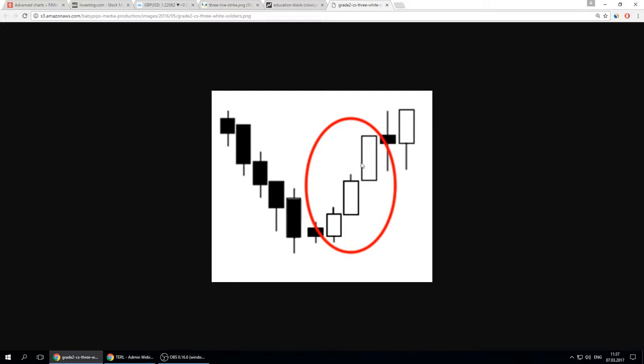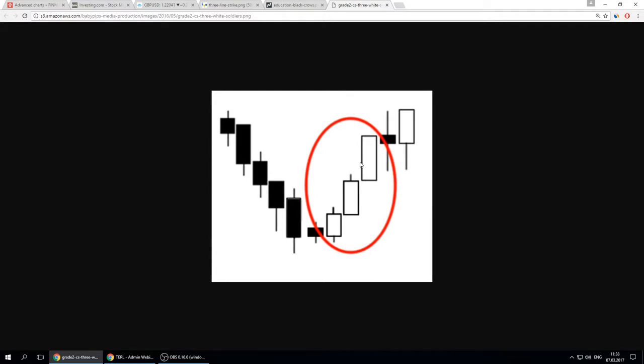When the body of the last candle is not that long, when it's shorter than the previous one, it can be a signal that buyers are losing control of the market, and the general trend may not change. It can stay the same. If there was a downtrend, it can continue going down.